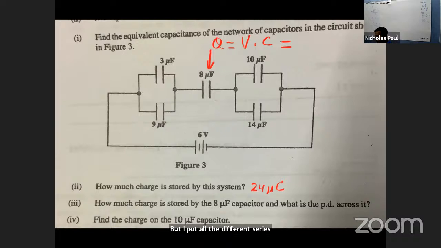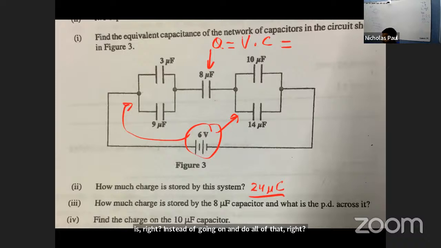Yeah, it's split up here and here. So instead of going and doing all of that, what happens to charge in series? Charge in series is the same, and charge in current is the same.